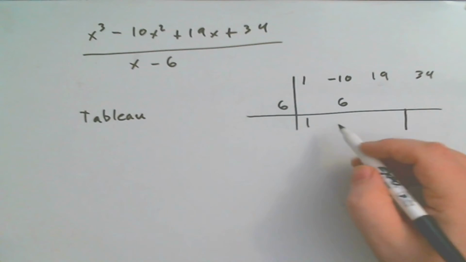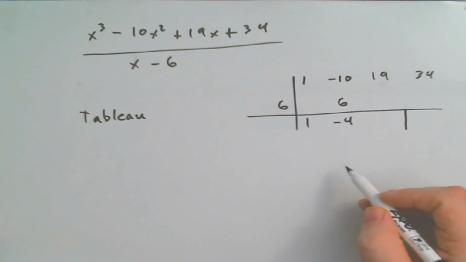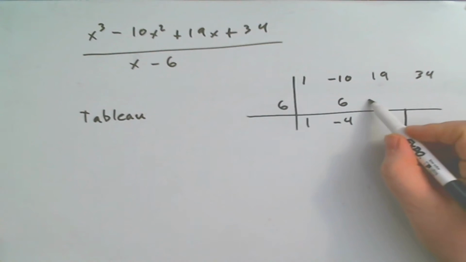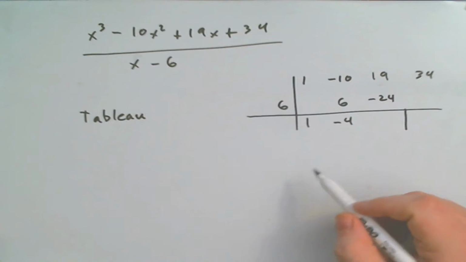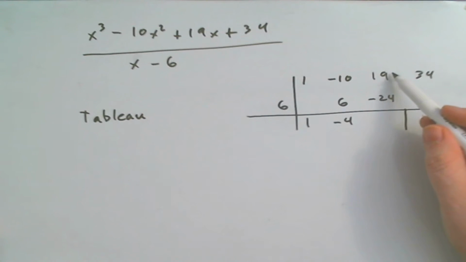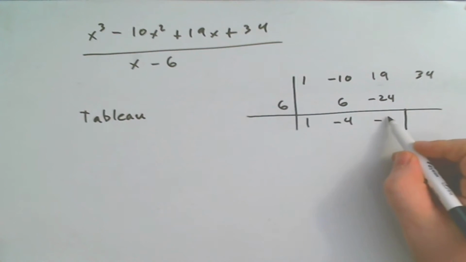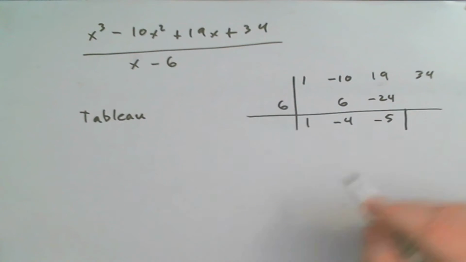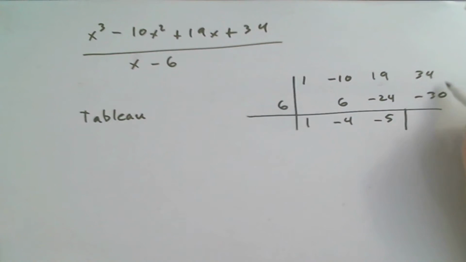So -10 plus 6 gives me -4. Multiply again. 6 times -4 gives me -24. And then we add those up. 19 minus 24 gives me -5. Multiply again. 6 times -5 gives me -30. And then finally add up the last column and we get 4.